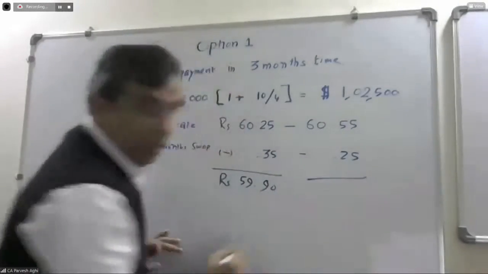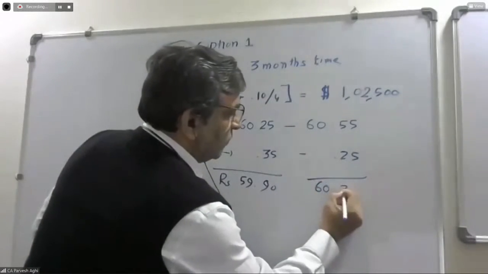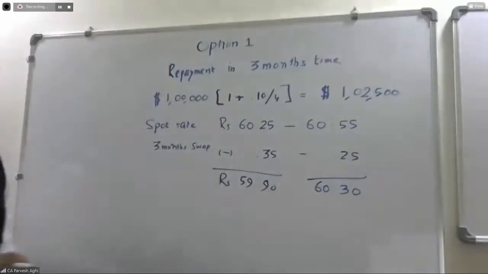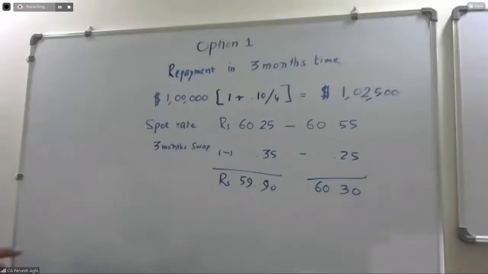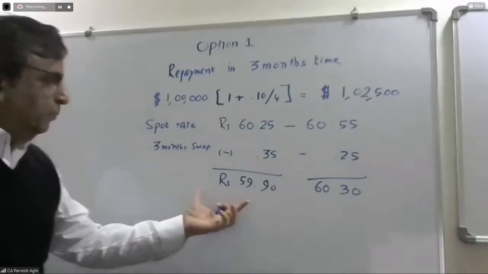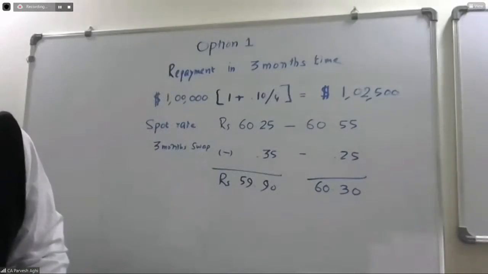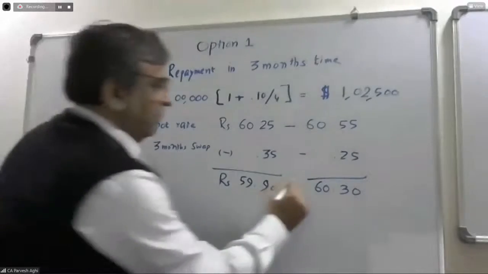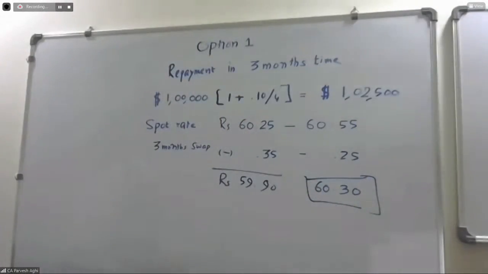So this is going to be 60.30, the rate we expect after 3 months' time. So the 3 months quote would be a bid rate of 59.90 and the ask rate of 60.30. This will become the relevant quote because he has to make a payment.